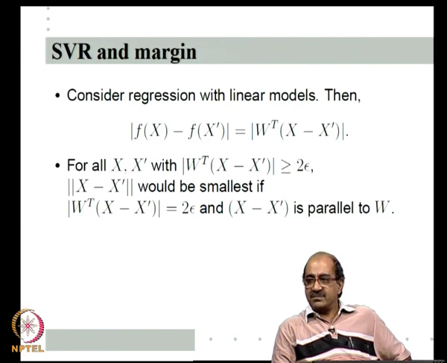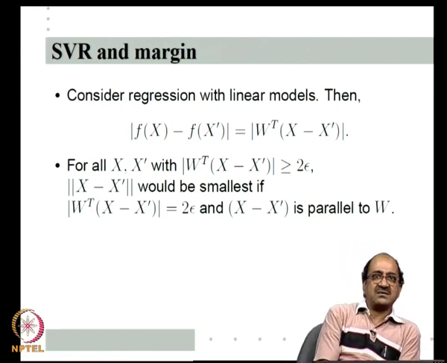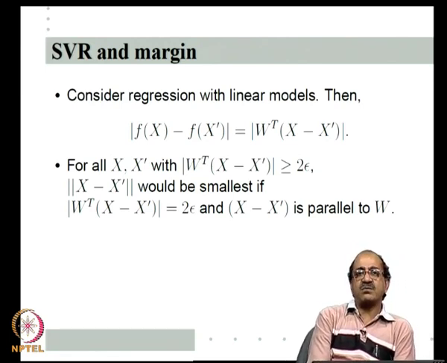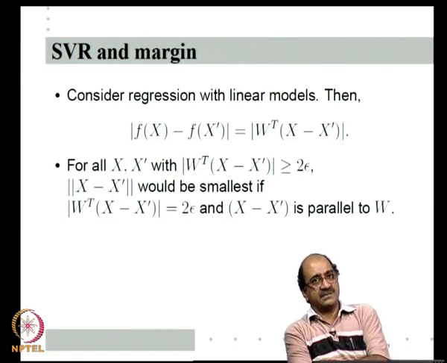Find all x and x' which satisfy |w^T (x - x')| greater than 2 epsilon. Among all such pairs, calculate ||x - x'|| and ask for which pair ||x - x'|| is smallest. That is the infimum in the definition.